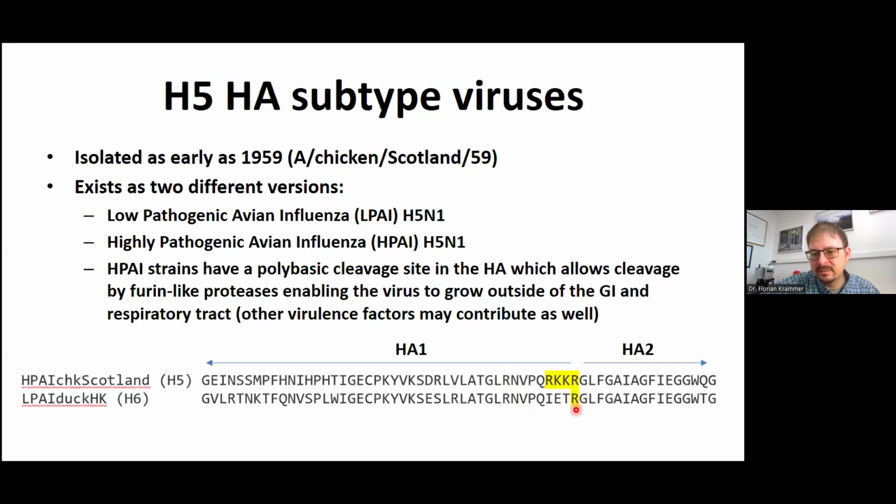So this hemagglutinin can be activated by different airway or gut proteases, but not in other cells in the body. And highly pathogenic avian influenza viruses have a polybasic cleavage site. You see this RKRR here. This hemagglutinin can be activated by furin-like proteases, and they are present in all cells. That means that this virus basically can spread throughout the body, at least in birds, and that makes it highly pathogenic.